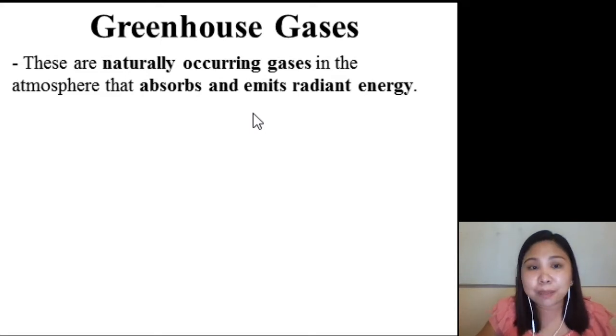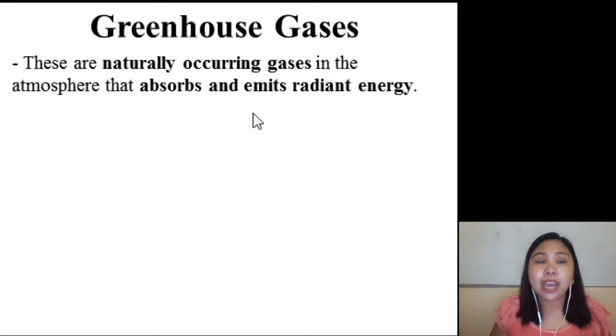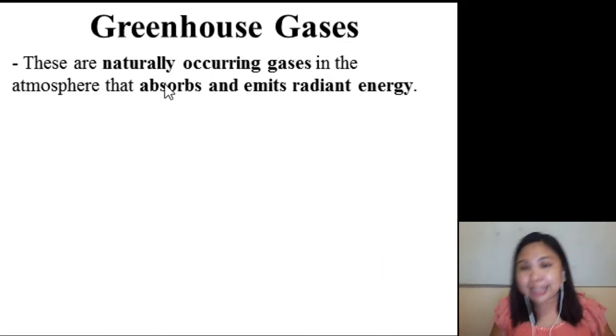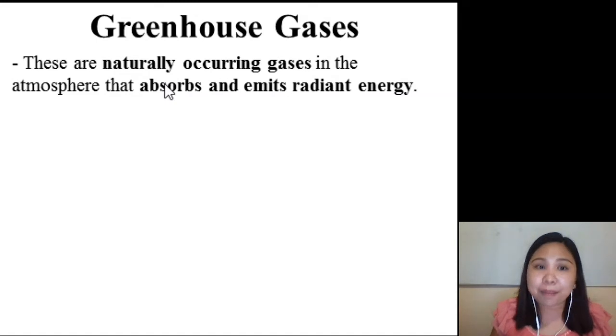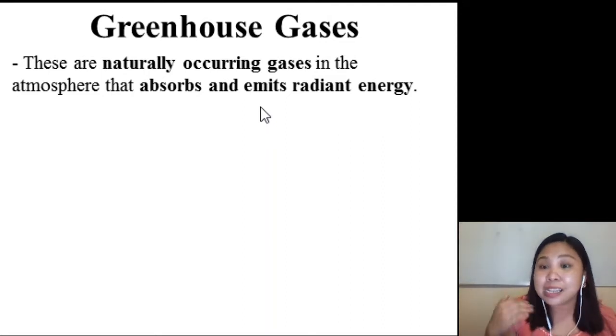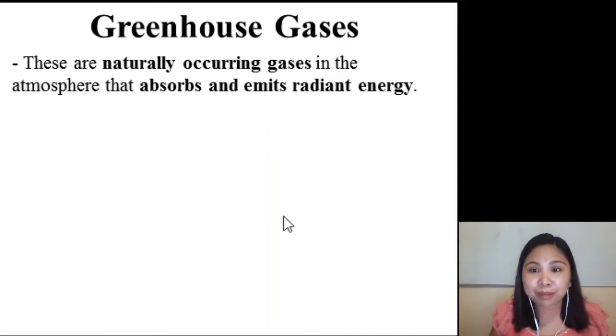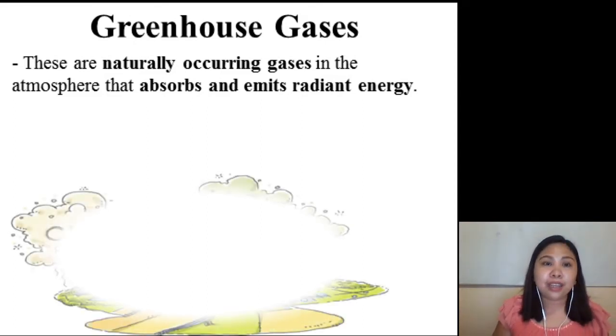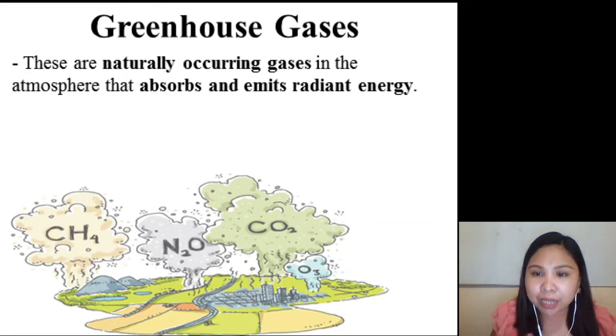So ang isa sa pinaka role niya is etong mga greenhouse gases, class, nag-absorb po ito ng init galing sa araw, and at the same time, ini-emit niya po yung energy na na-absorb pabalik ng ating planet. Okay, so later nyo malalaman bakit kailangang ibalik yung init na na-absorb nitong mga greenhouse gases. Okay, so we have different types of greenhouse gases.